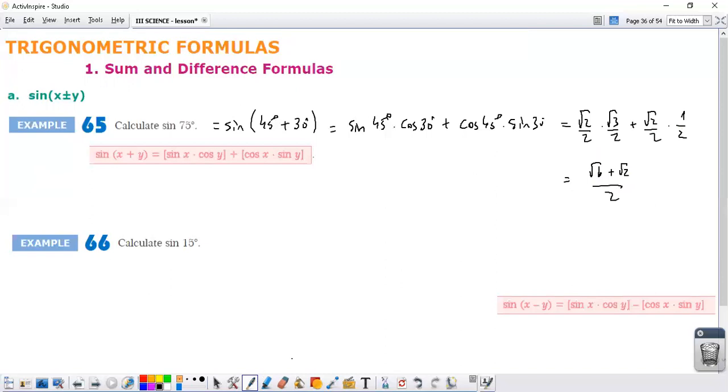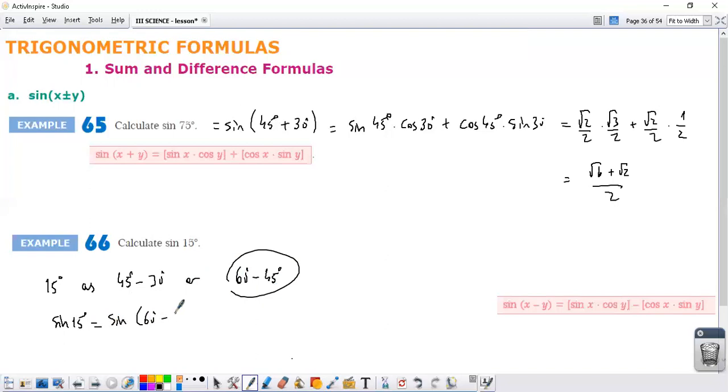What about sine 15 degrees? By taking difference formulas, we can write 15 degrees as 45 minus 30, or 60 degrees minus 45 degrees, or any other suitable combination. So let us choose 60 degrees and 45. Sine 15 is equal to sine of (60 degrees minus 45).